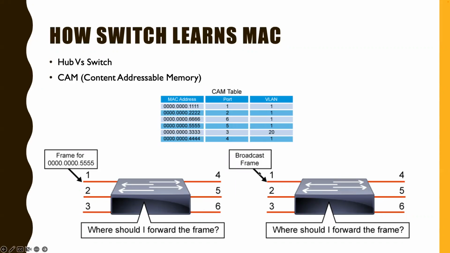Otherwise, let's say a frame comes in and the destination address is not listed within its MAC table. Then it will send an unknown broadcast. That frame will be broadcasted to all the ports within that VLAN. The VLAN concept will be covered later, but first understand that the frame came and the MAC address is not in its CAM table, so the frame will be broadcasted.